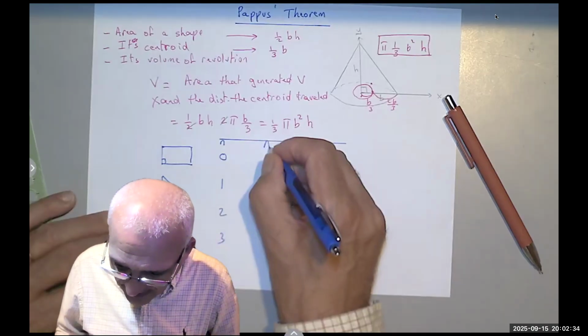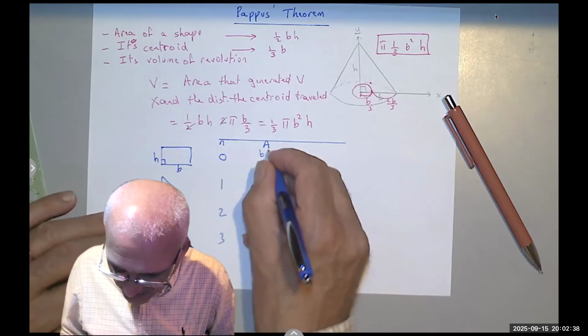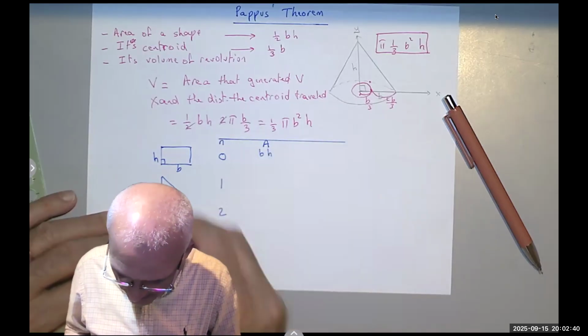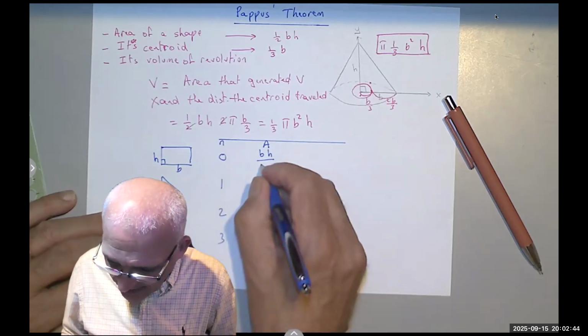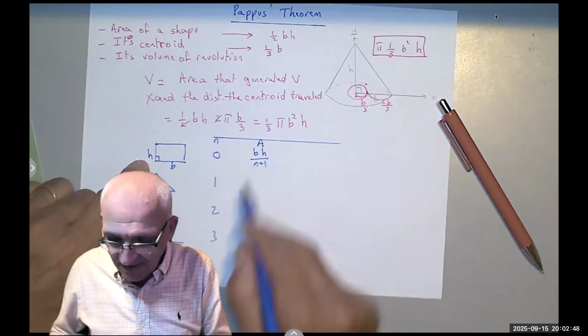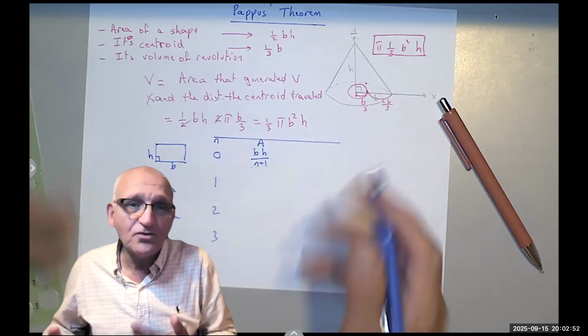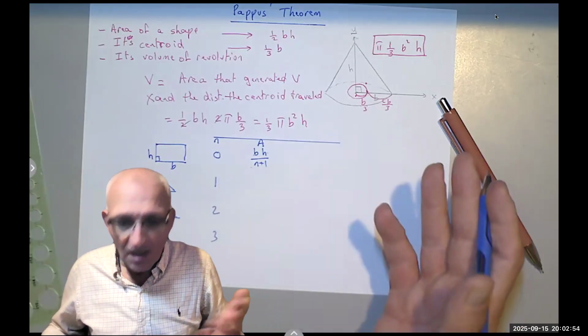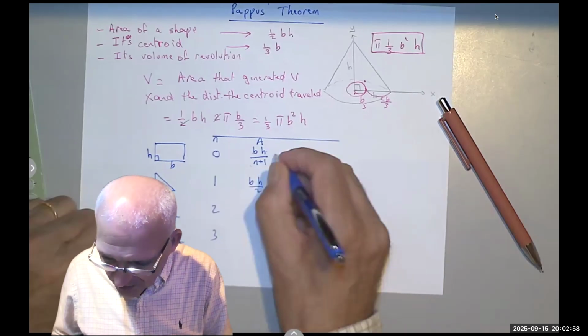So when you calculate the area, you multiply the base times the height, and then you divide by n plus 1. So if it's a rectangle, you divide b times h over 0 plus 1, meaning b times h over 1, which is bh. It's a triangle, you multiply bh over 2.